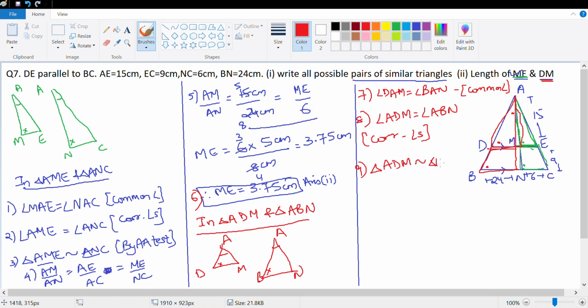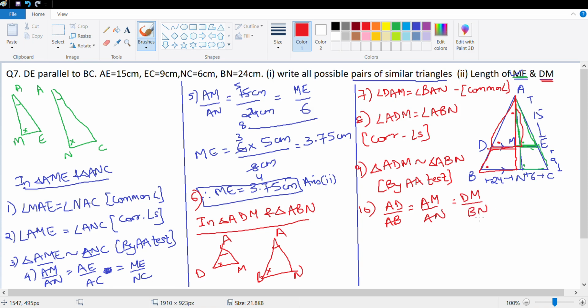A corresponds to A, D corresponds to B, that leaves N. This is by AA test. So let's try and see what is the proportion. What we get is AD upon AB is equal to AM upon AN, which is equal to DM upon BN.